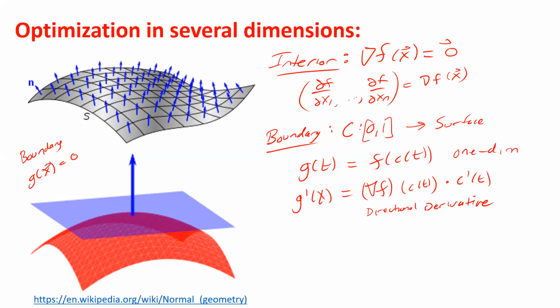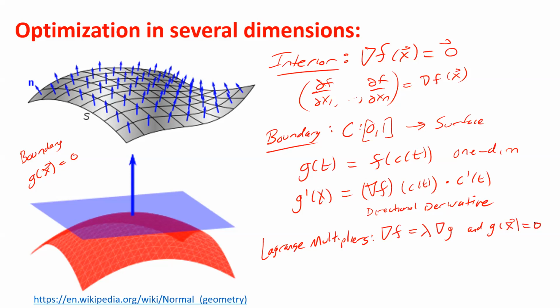Another way, if we have the boundary, say the curve or surface g of x equals 0, is Lagrange multipliers. What we would have is the gradient of f is some multiple of the gradient of g, and g of x equals 0.